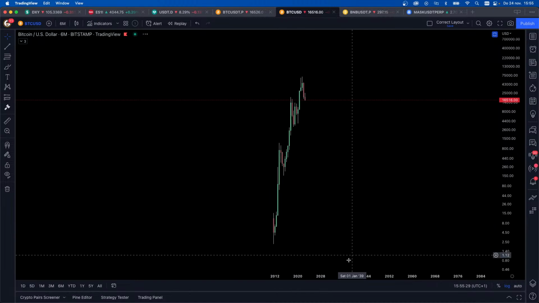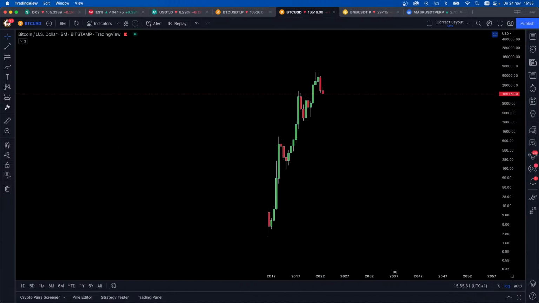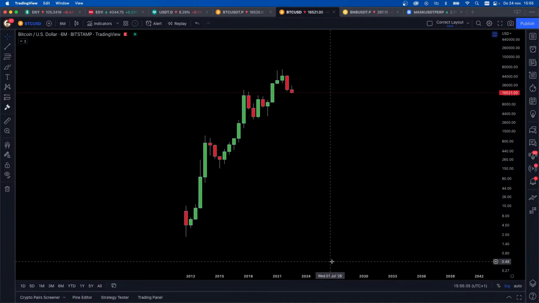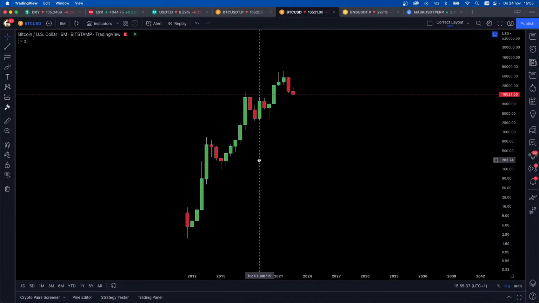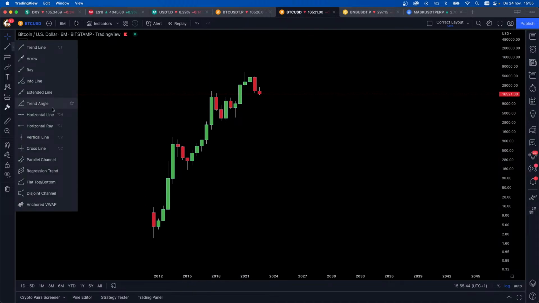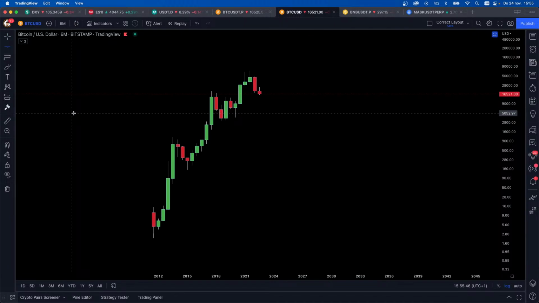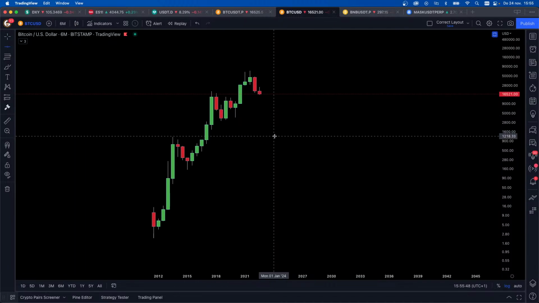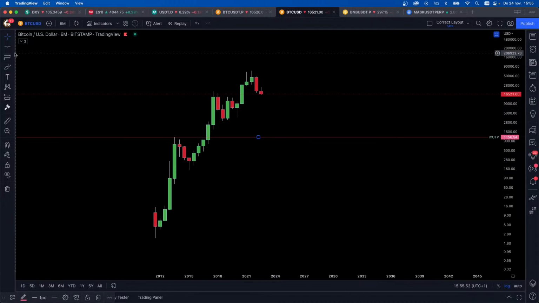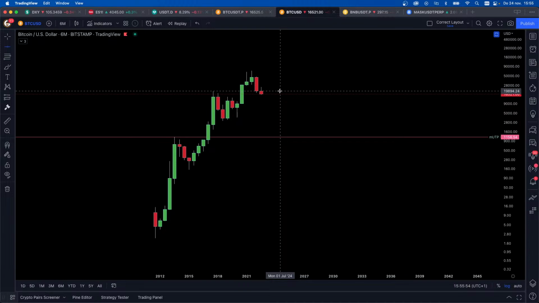I'm going to start on a 6-monthly time frame, basically the highest time frame that you can get, I think. And the first things that I want to add to my chart are 2 important levels, which is this level over here. I'm going to explain in a minute why.